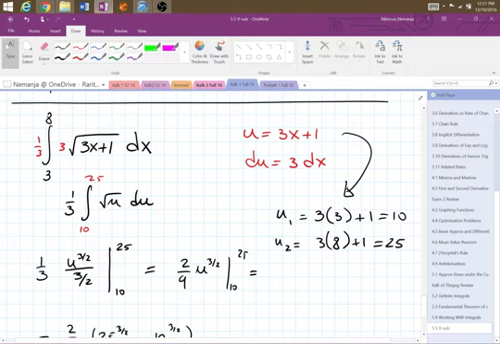However, I found that to be a bad practice because in the heat of the exam, as soon as you see one or two steps where you didn't put the limits, you just forget about them. And by the end, instead of computing a number, you put plus c, and obviously it's incomplete. It would also be wrong to put 3 and 8 here, because it's not 3 and 8.